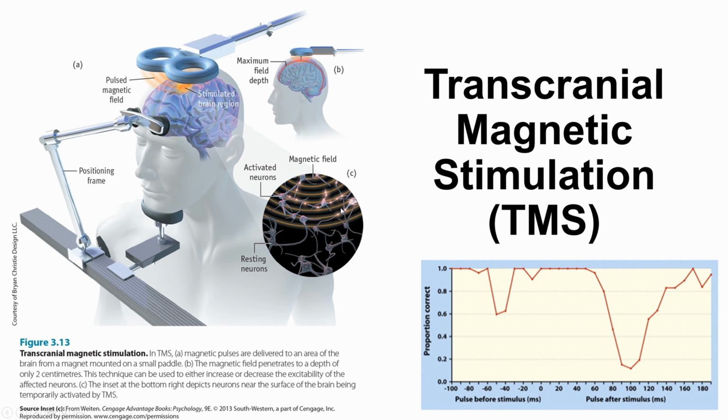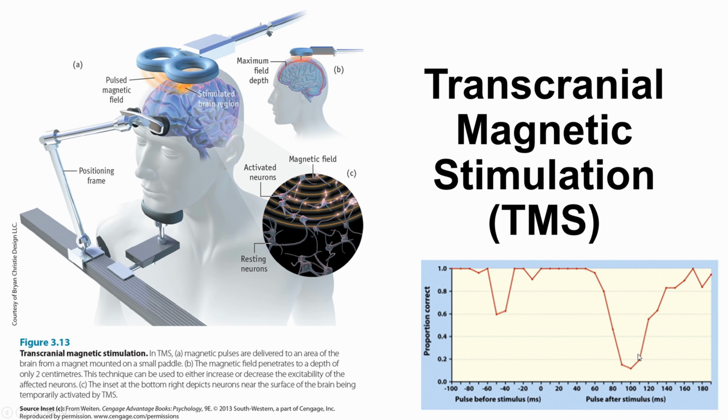So this can allow us to either activate or deactivate, not necessarily by turning off directly, but maybe by disrupting any kind of intentional pattern within our brain. And then we can see how performance on different tasks can change when they've been affected by these kinds of pulses.